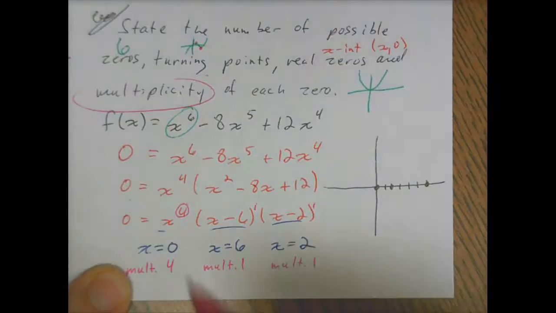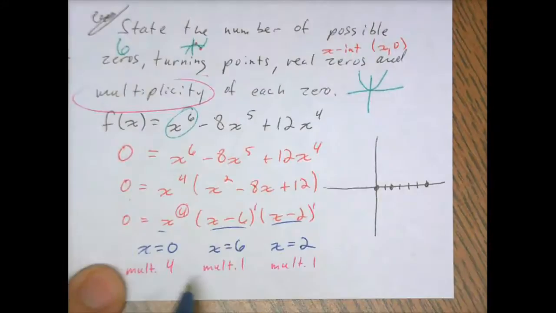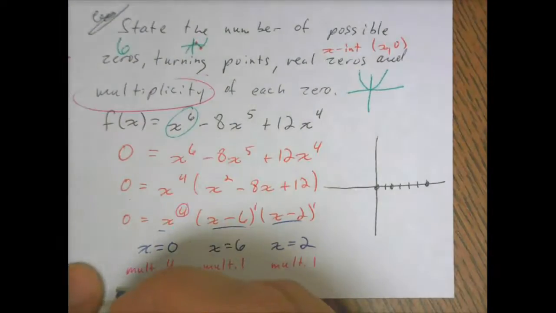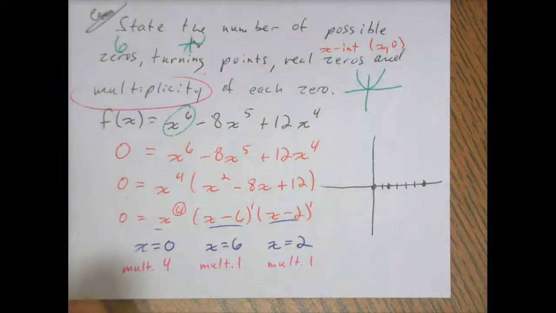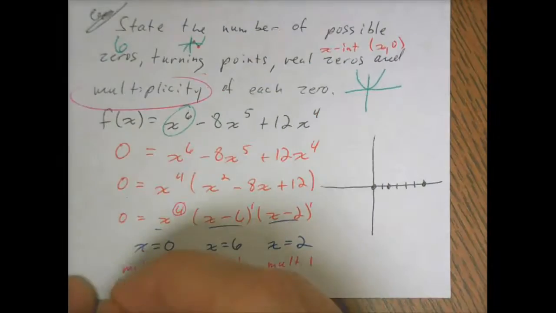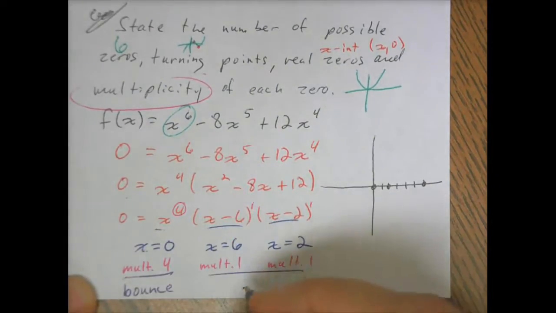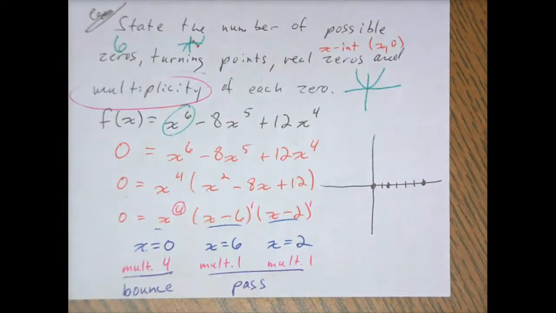Now as far as multiplicity goes, if it is an even multiplicity, it will bounce off that zero. If it is an odd multiplicity, it will pass through that zero.